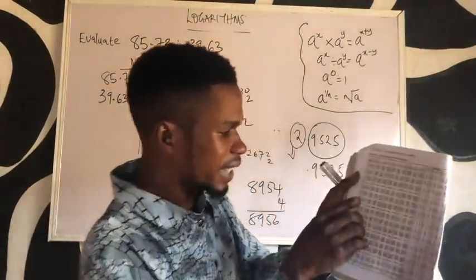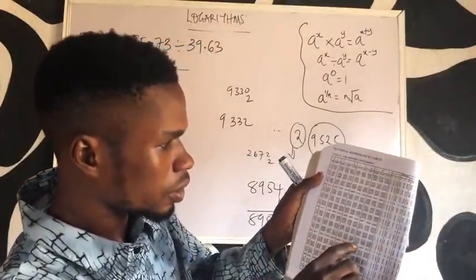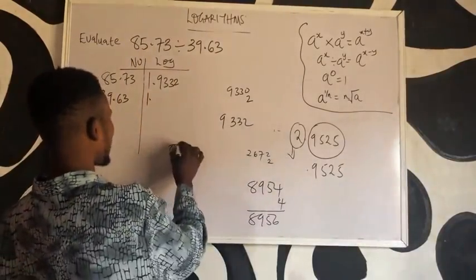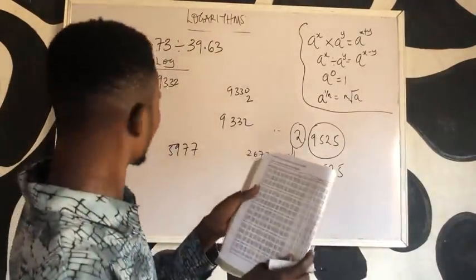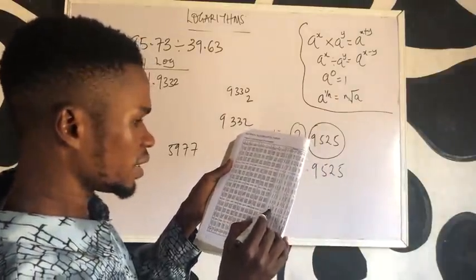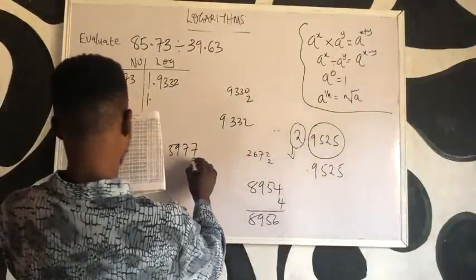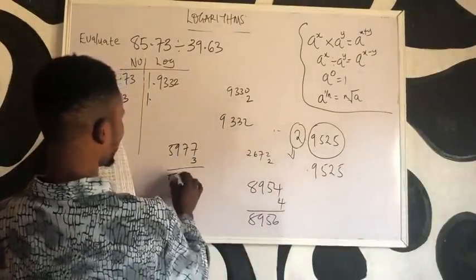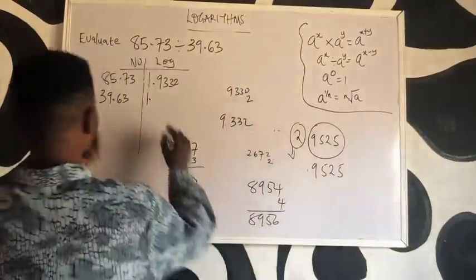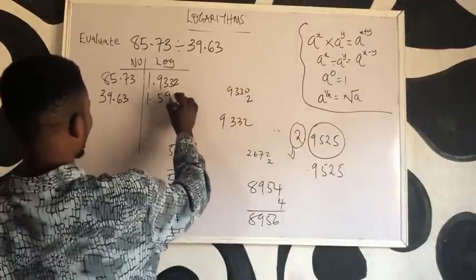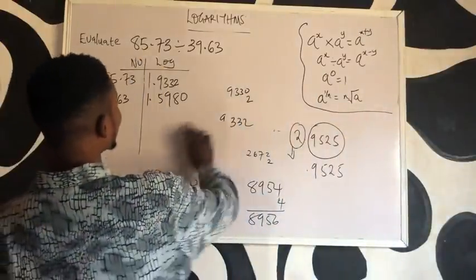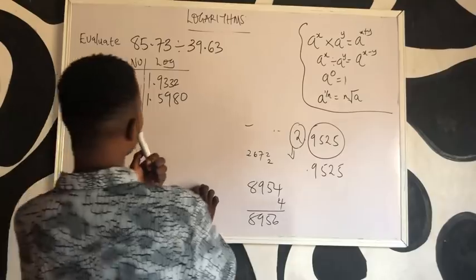The logarithm of 39 under 6 is 5977. Difference 3 is 3. That's 5980.